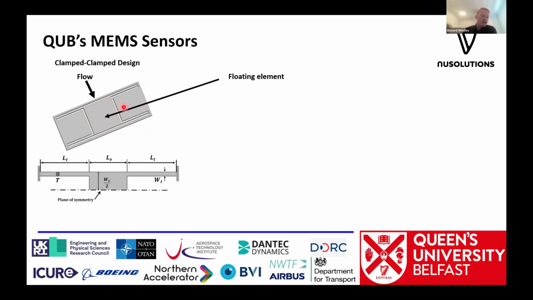And if we took a look at some of the dimensions and we applied some beam theory based on the dimensions, on things like Young's modulus, etc., thickness, we can work out how far this thing's going to move based on how much wall shear stress tau we apply over our sensor.